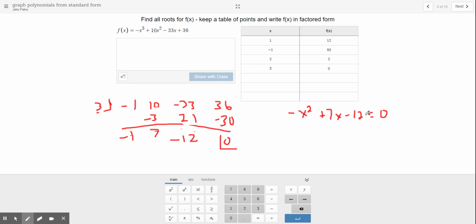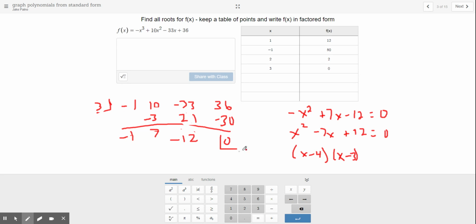All right, and so I'm going to divide everything by negative 1, get x squared minus 7x plus 12 equals 0. So if I factor that, I'm going to get x minus 4, x minus 3.